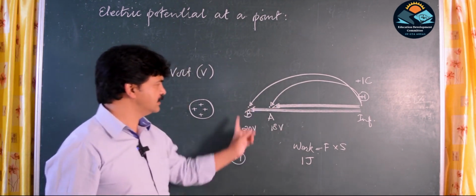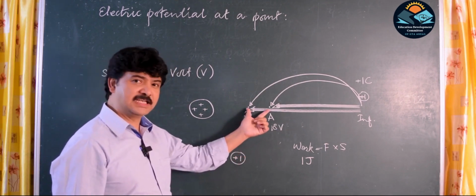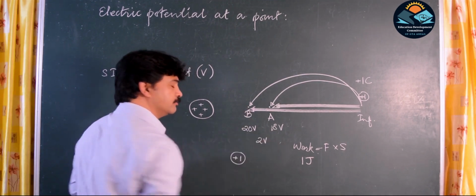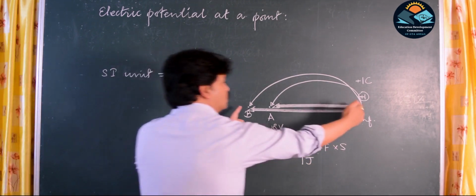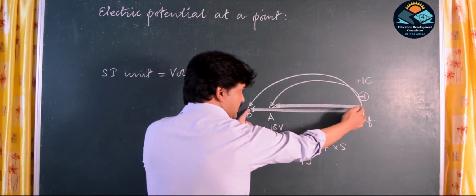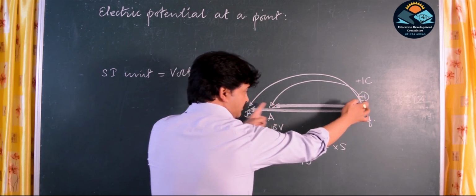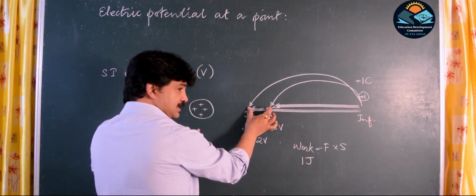So you see there is a difference between these two, no? So what is the difference of potential between B and A? This is 20 minus 18, that is 2 volt. And what is that 2 volt equal to? It is 20 minus 18, no? So when you subtract this much from this much, you get this 2 volt, isn't it?